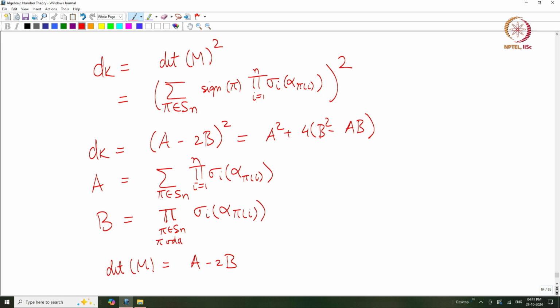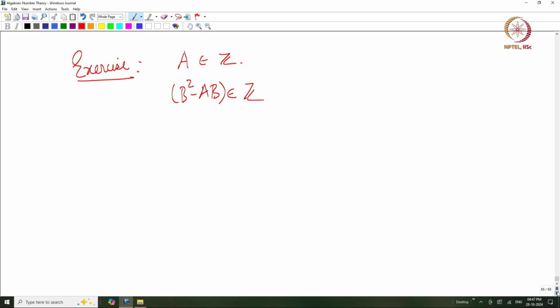So, it is a rational number, but it is also an algebraic integer. So, it is in Z. So, I have practically solved the exercise for you, and so you get that dk is a squared mod 4, but now you have written it as a square of an integer modulo 4. So, dk is not a square of an integer, but modulo 4 it is like a square of an integer. So, that is why it is 0 or 1 mod 4.